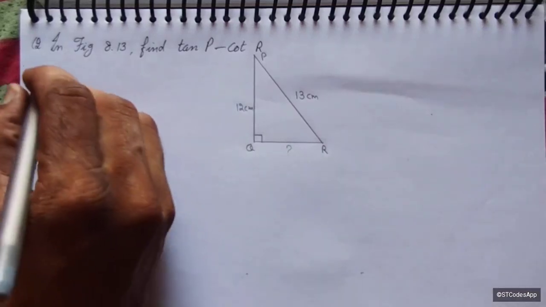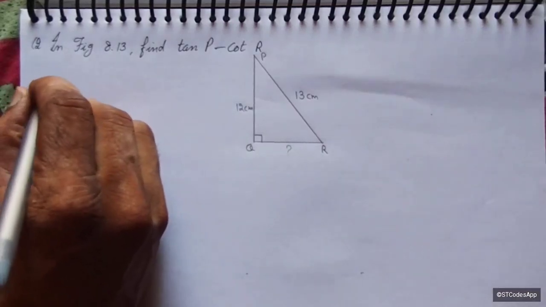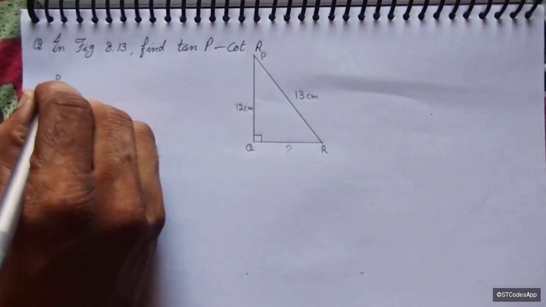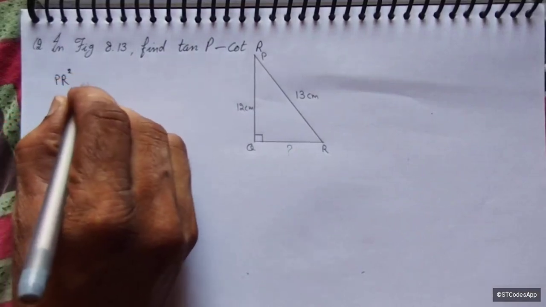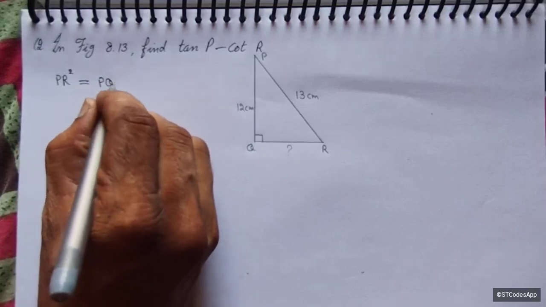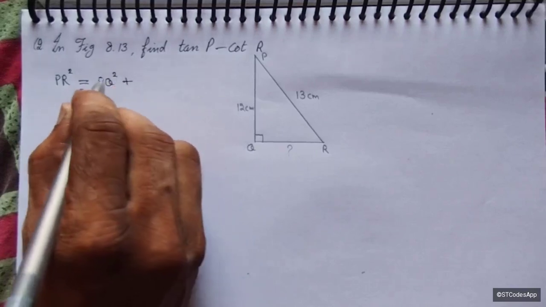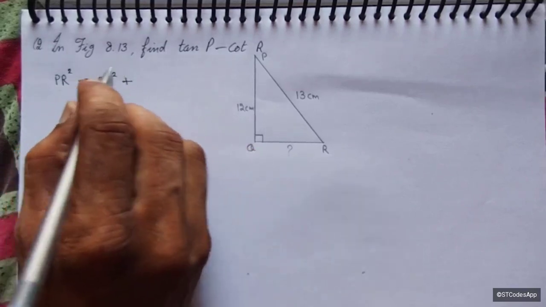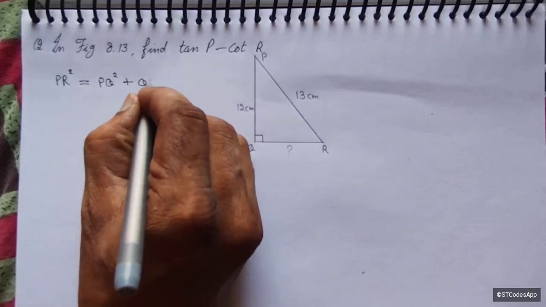So, according to Pythagoras theorem, we know that PR square will be equal to PQ square plus QR square.